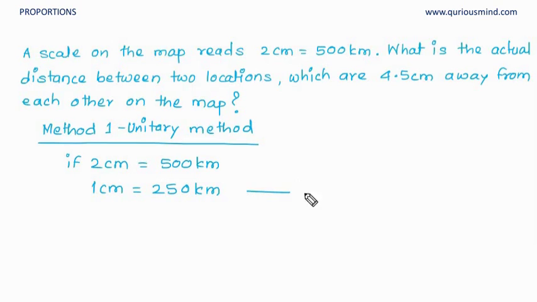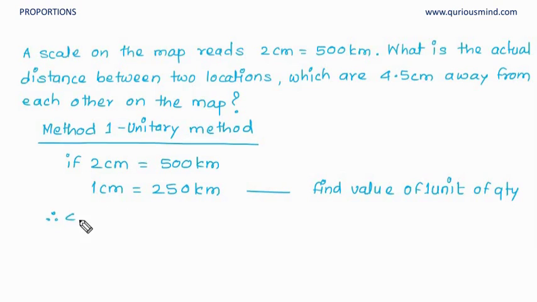So in step 1, what we do is find the value of one unit of quantity. And then based on that, if 1 centimeter is 250 kilometers, what is 4.5 centimeters?